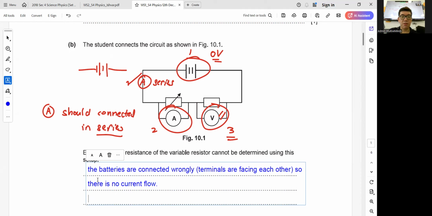Number two, ammeter is connected in parallel. Ammeter is connected wrongly, as it should be connected in series.